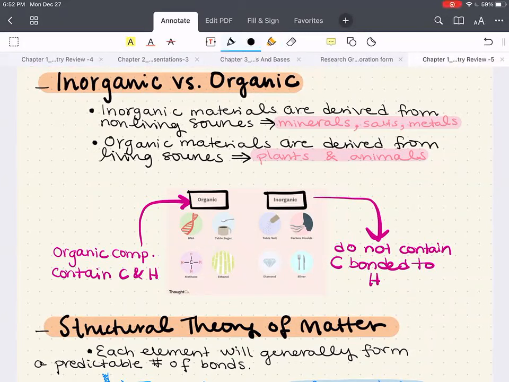And this idea was actually called Vitalism. I believe that's how you pronounce it. So this notion that organic materials are derived from living sources and inorganic materials are derived from non-living sources was called Vitalism. And this is a completely false definition of these things.